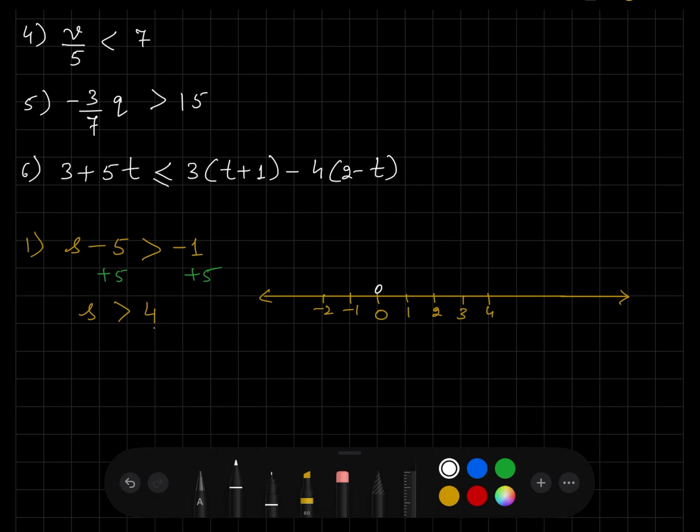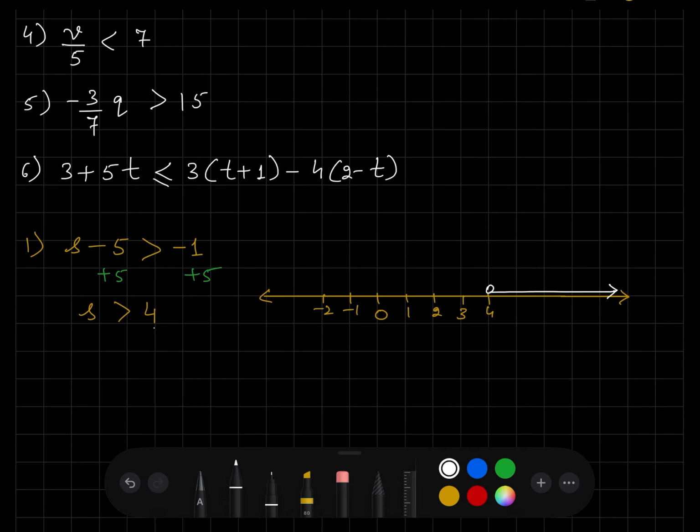When the number is not included, the hole should be at 4, because s is greater than 4. So at 4 we will put the hole, and it is greater than that, so on the number line I will make a line and an arrow. It means all the values greater than 4 are included in the solution, but not 4.